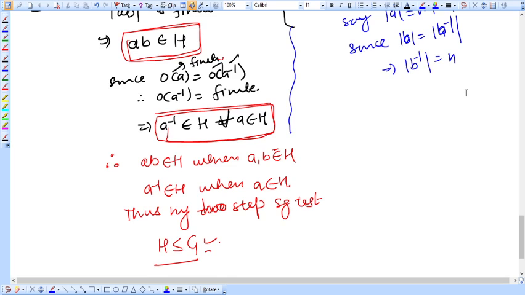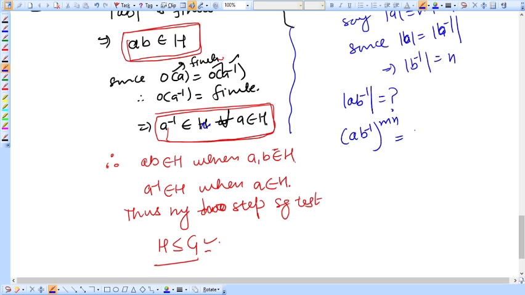Now what could be order of AB? Now we want to find out order of AB inverse. So now you see, what is A times B inverse raised to the power Mn.